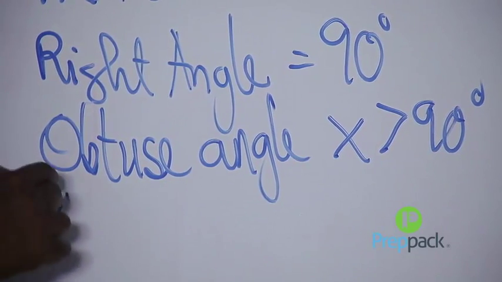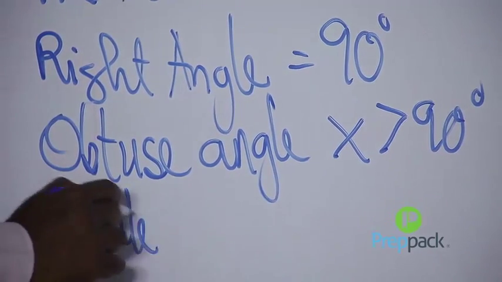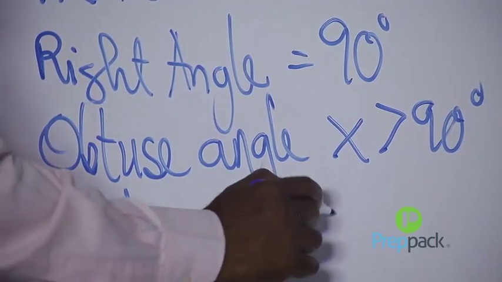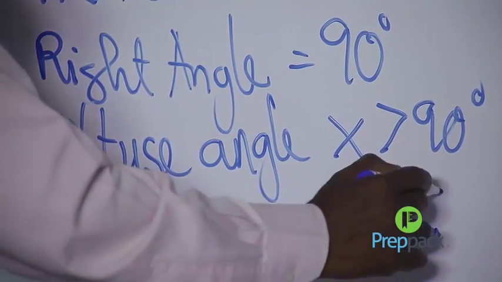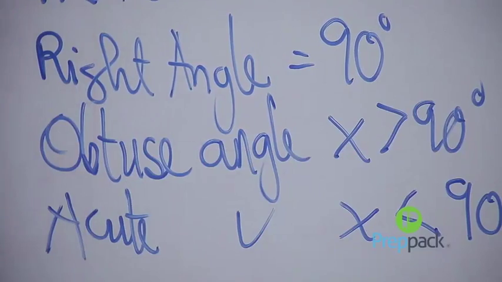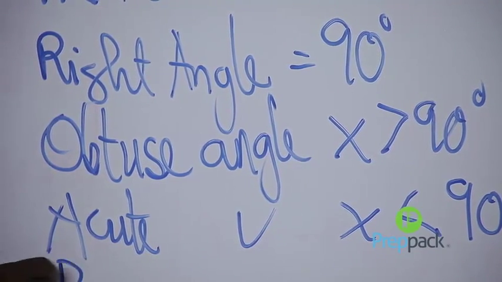We have acute angle, X, that which is less than what? 90 degrees. And then we have the reflex angle.